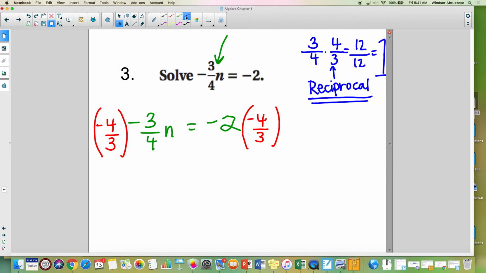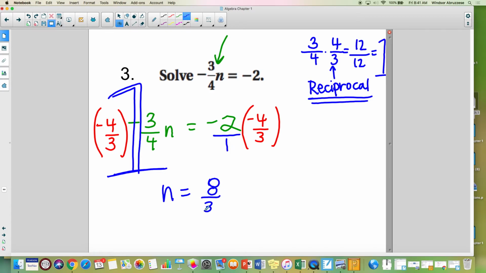This all simplifies to a giant 1. So you're left with n equals negative 2 times negative 4/3. Just multiply the fraction straight across is 8/3. Leave it as a fraction. Don't go decimal mode. As long as it's in simplest form, that's perfectly fine.